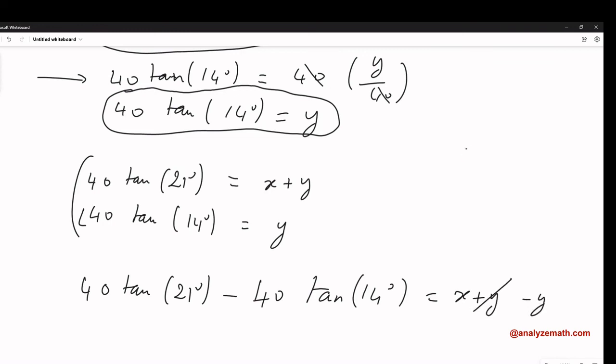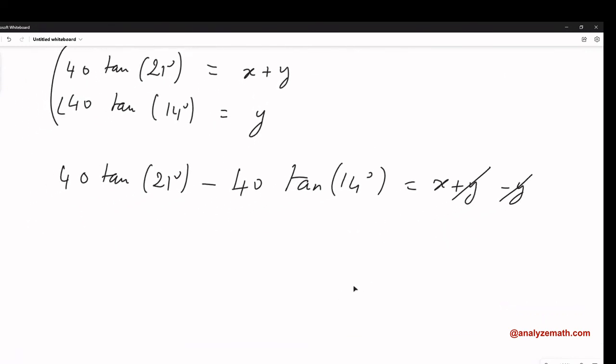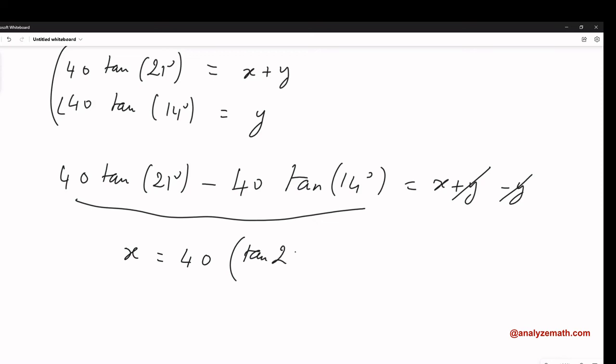And here the Y is eliminated. I have used what we call the method of elimination. I have only X here, which is good, equal to all this. I can leave it like this or write it by factoring the 40.